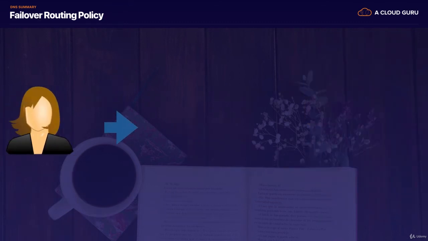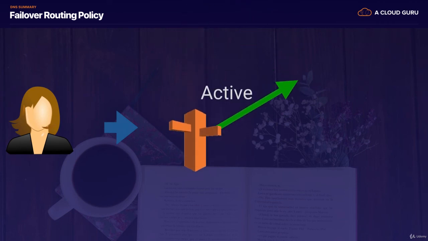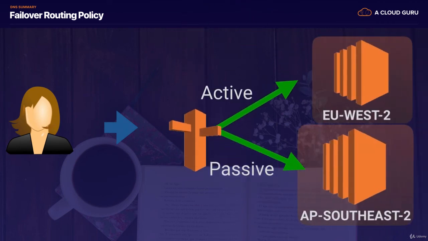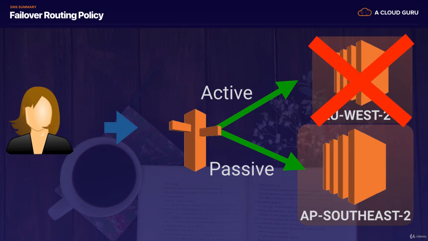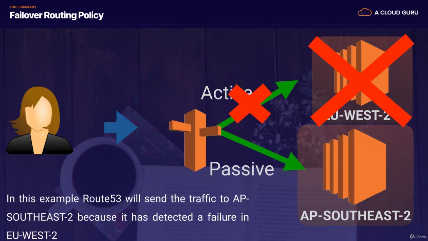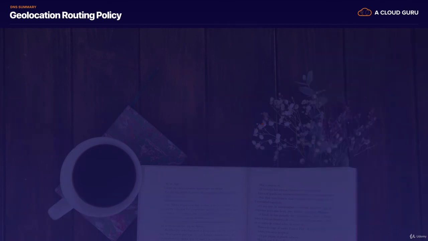Failover routing, this is where we start using our health checks. Essentially we've got an active passive environment. Our active environment could be US West 2 and our passive environment could be AP Southeast 2. If for some reason our EC2 instances or a region goes down, it's going to detect this using a health check and it's going to fail over to our passive environment.